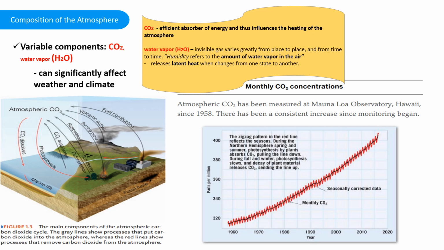This latent heat is also termed hidden heat. And like carbon dioxide, water vapor is a potent greenhouse gas because it strongly absorbs a portion of the Earth's outgoing radiant energy.